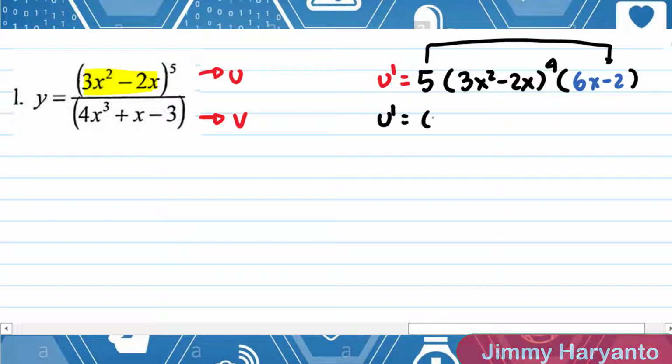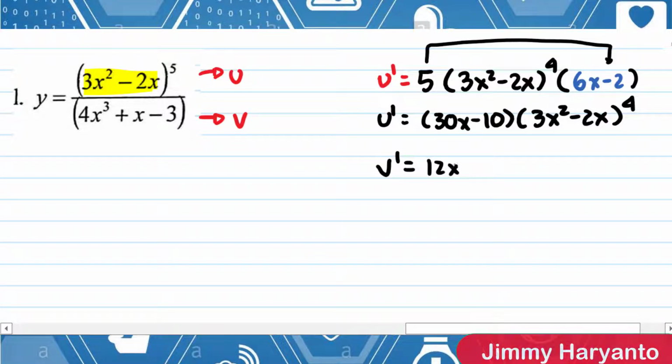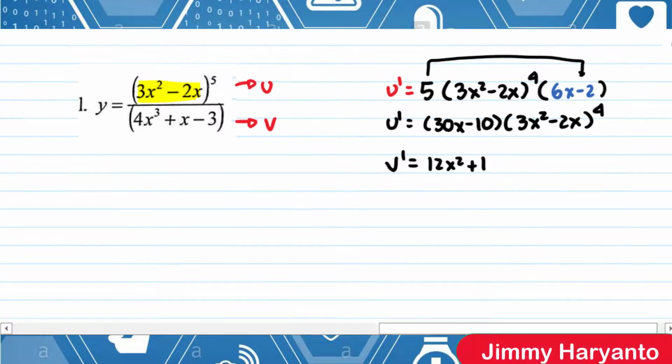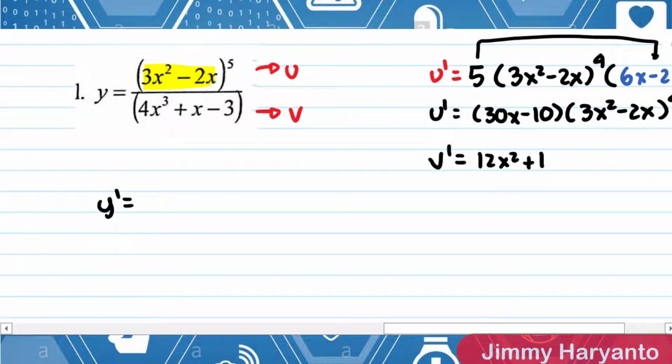U accent equals 30x minus 10 times 3x squared minus 2x to the power of 4, and then for the v accent we will have 12x squared plus 1, and the differentiation will be u accent.